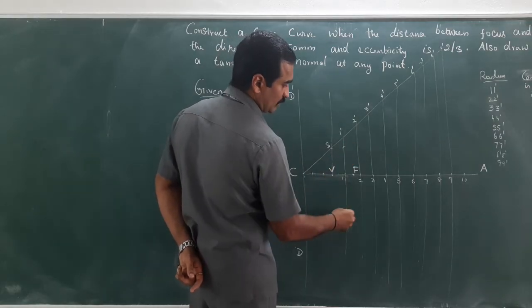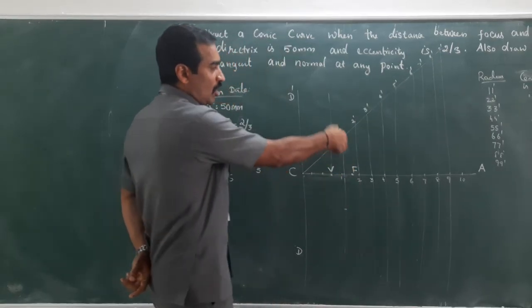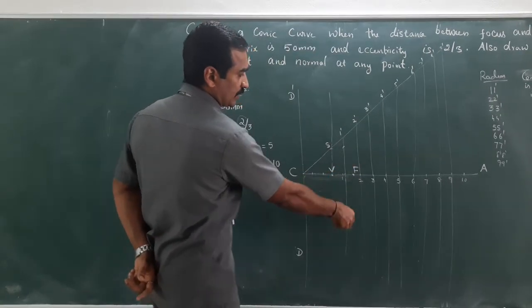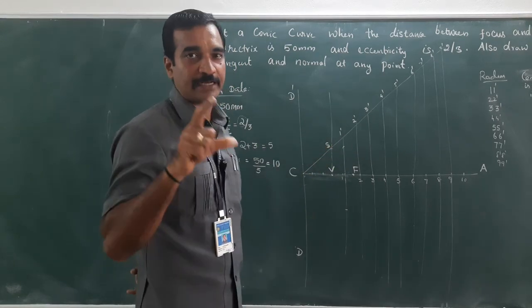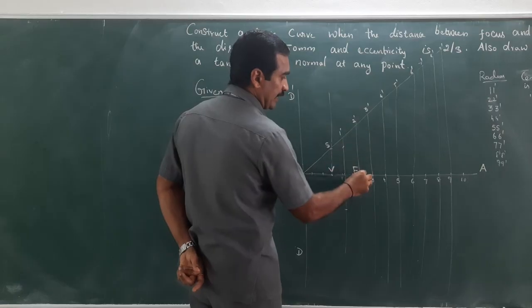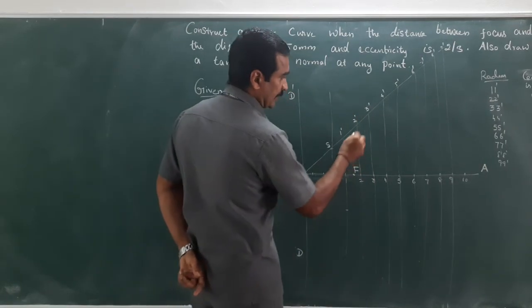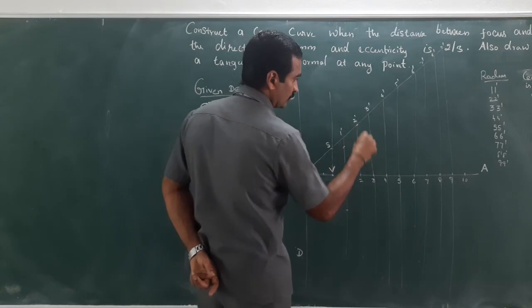Right. Similarly, rotate the compass to cut an arc on the corresponding lines where you have taken the radius. Now let me take the radius of 2 dash in the compass and, with F as center, cut an arc.